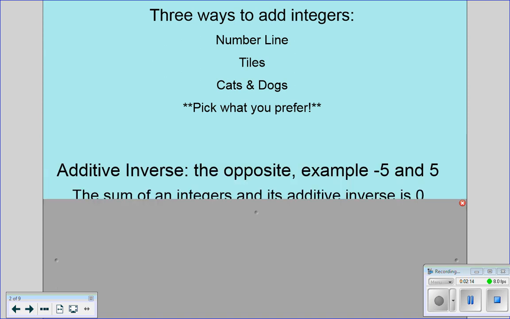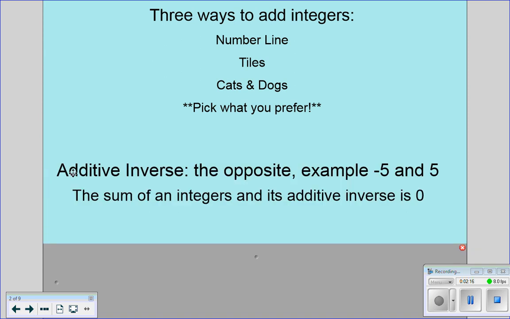Okay. So I have a vocabulary word in here, and it's called the additive inverse. The additive inverse. And we kind of talked about this a little bit yesterday. We said the opposites. Remember we talked about opposites, like the opposite of -100 is 100, just like what's on the opposite of the number line. This has to do with what the opposite is. Opposite example, -5 and 5.